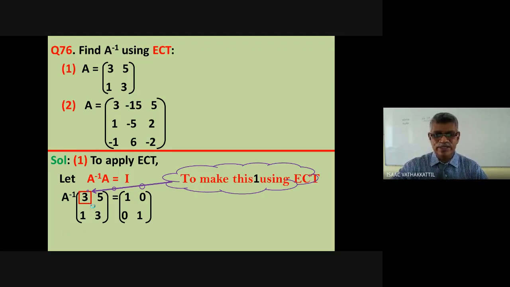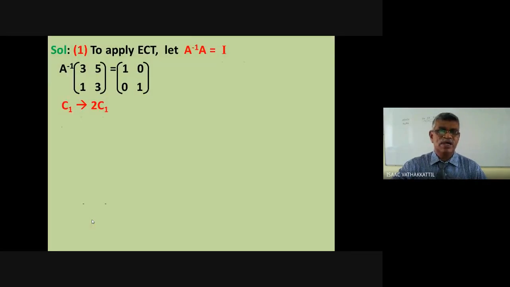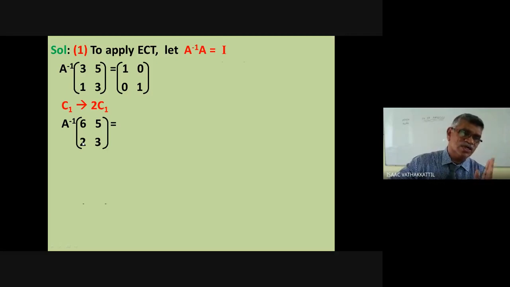What I do here is I multiply the first column with 2, so that C1 becomes 2C1. When C1 changes to 2C1, I get 6 and 2. Why did I make 6 and 2 in the first column? I can now do C1 changes to C1 minus C2 so that I get 1. I foresee how I make that 3 to 1 using the columns.